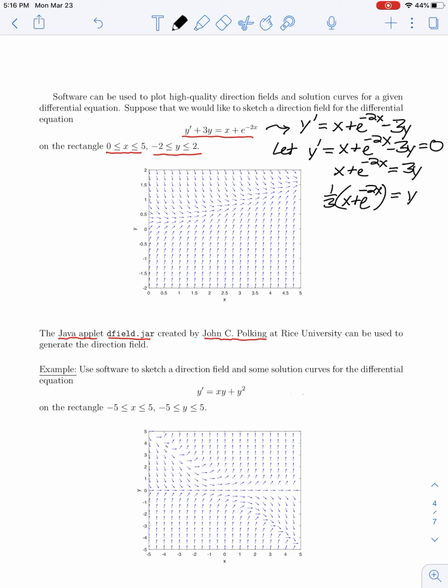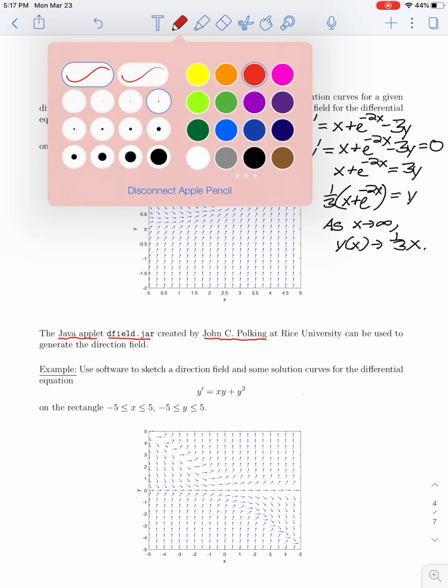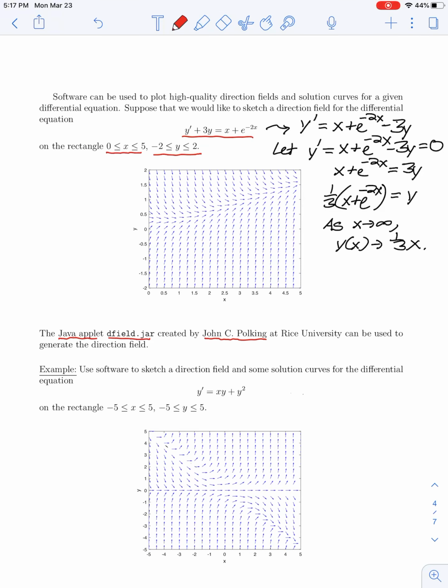And if we're interested in the limiting behavior of my solution as x becomes large, we see that y of x would be approaching a line of 1/3 x. Here, we can see that by thinking about the limiting value of this function.